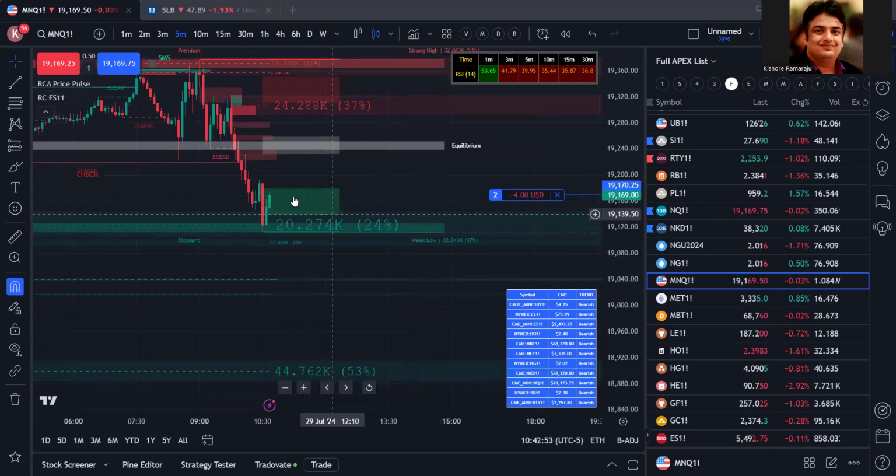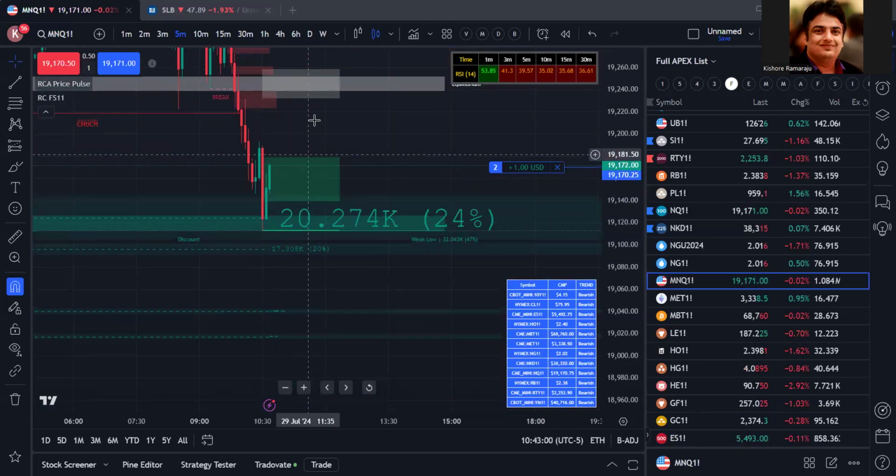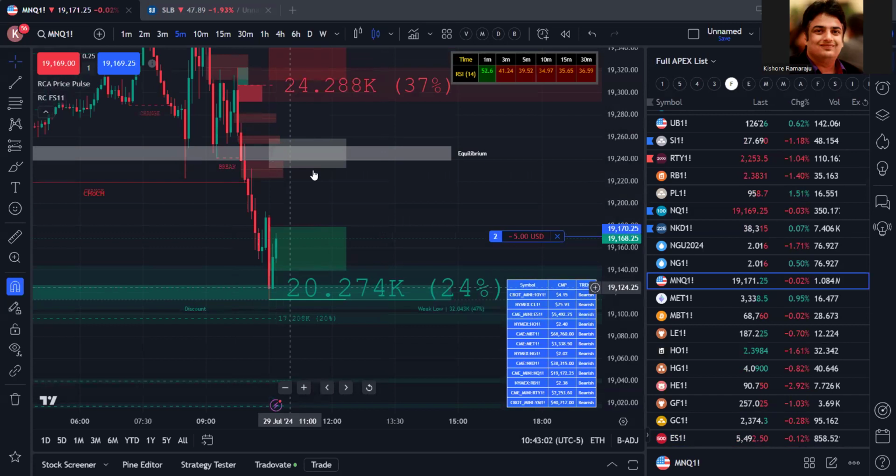You can see there is a 20,000 buy order block. We came to the bottom, and there is a buy order block. QQQ and NQ, both are the same. So if QQQ starts moving, your NQ will start moving up.